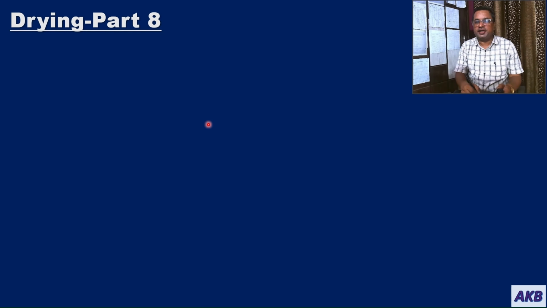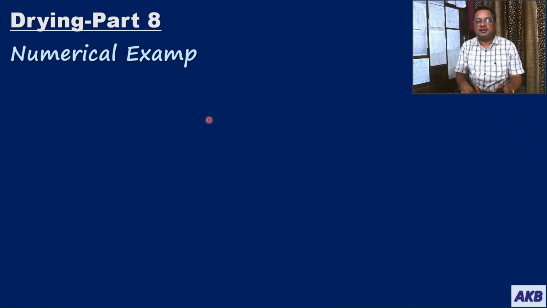This is part number 8 of my discussion on drying, and in this I will be discussing a numerical example. This would be a fifth numerical example on the topic of drying, and therefore I am calling this numerical example number 5.